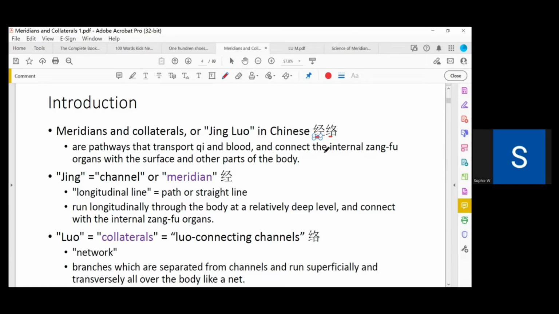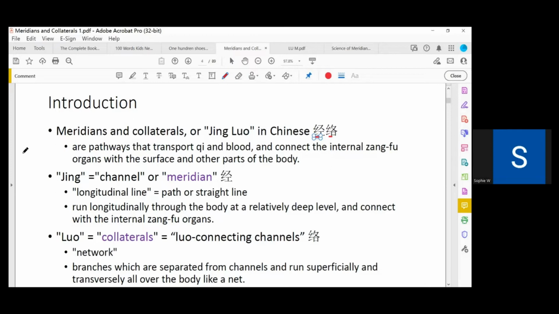So it sounds like the vessels, like the arteries. They are similar, but they are not the same. In TCM, traditional Chinese medicine, we have the meridian and collateral systems.